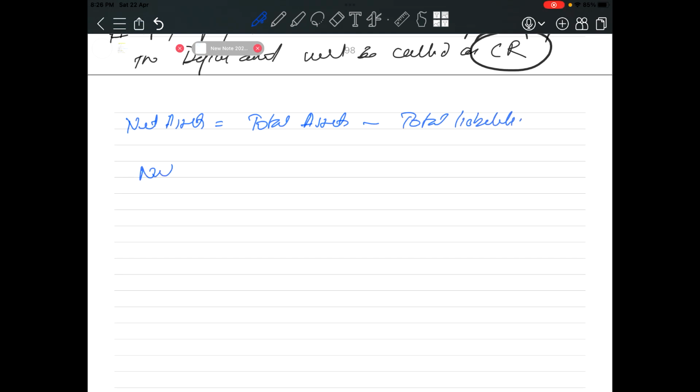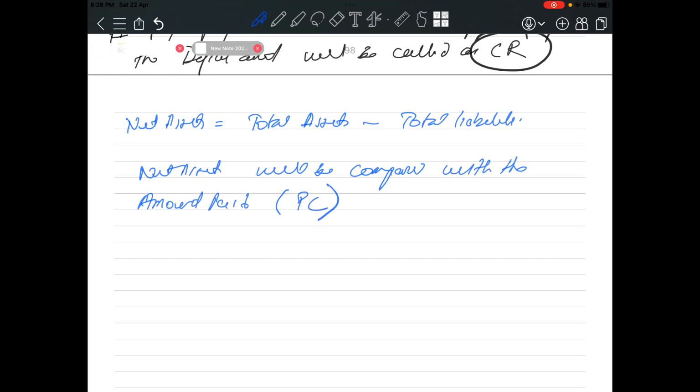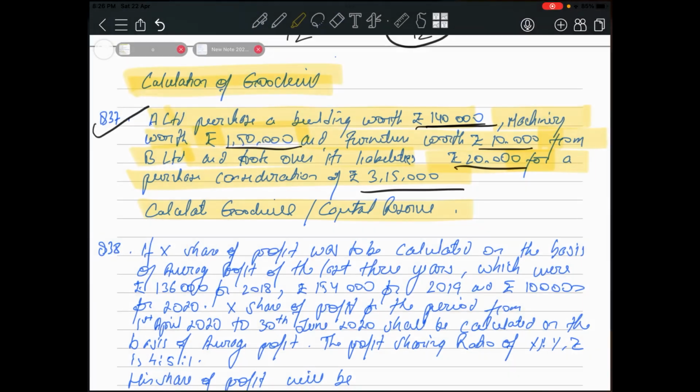So this net assets will be compared with the amount paid. In our question, it is written as purchase consideration. Okay, so let's solve this question.